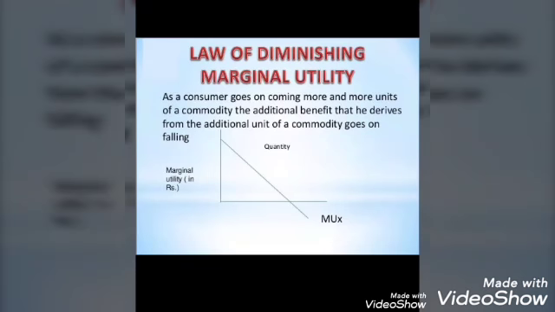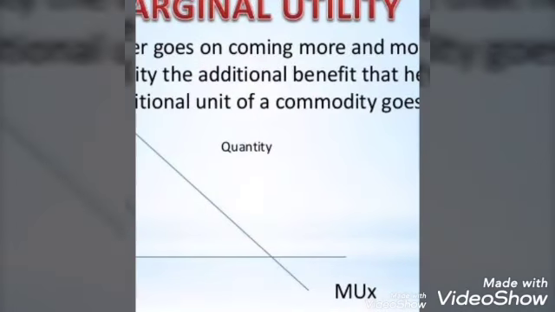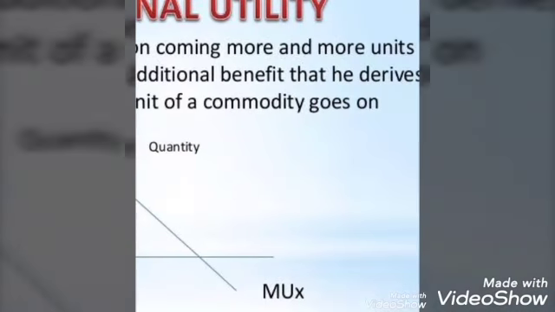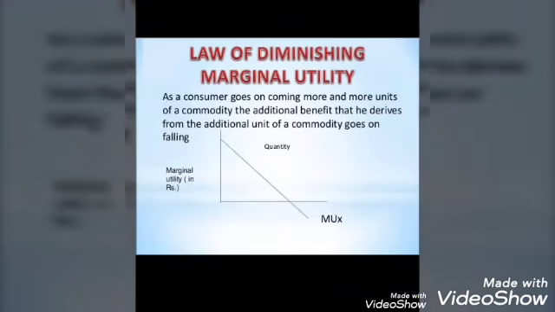Secondly, consumption of a commodity is continuous, not one unit now and the other tomorrow. That means if we want to satisfy our utility, we have to consume the commodities continuously. Suppose we are hungry and we take one chapati, and we get some satisfaction.